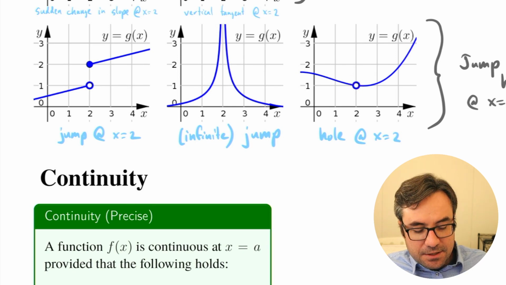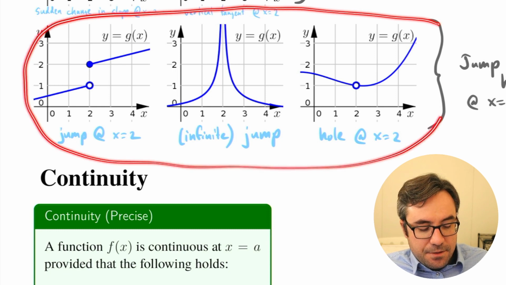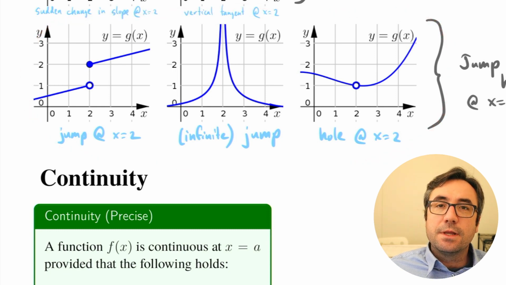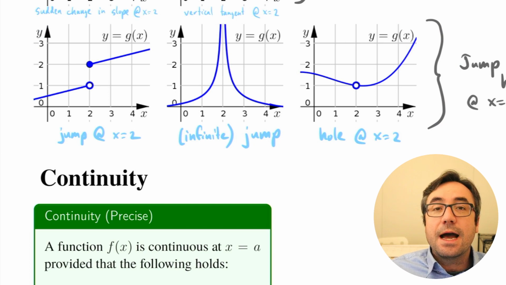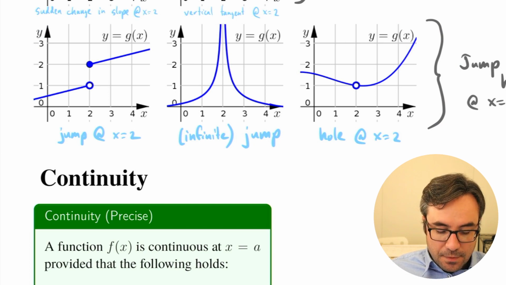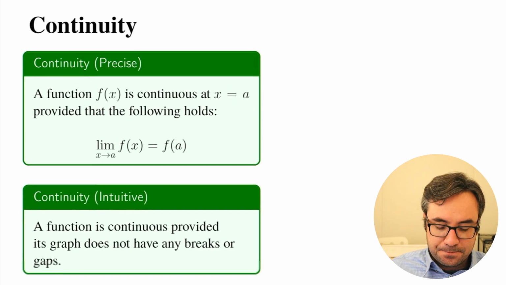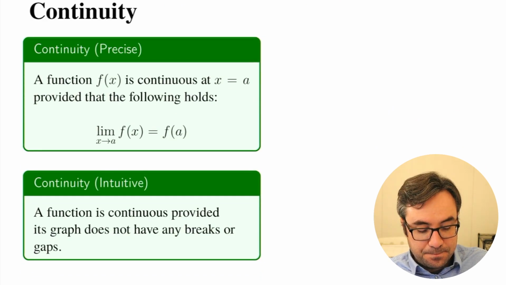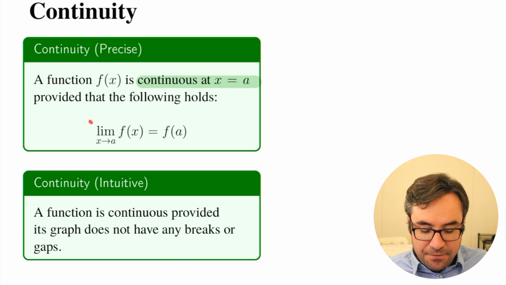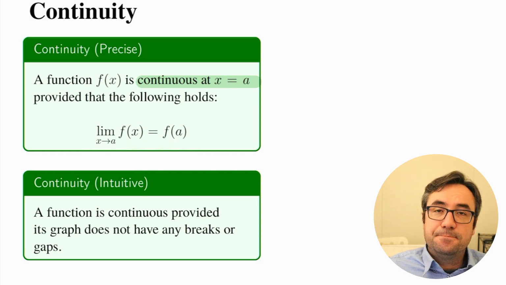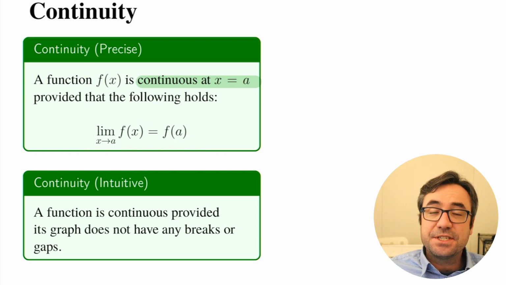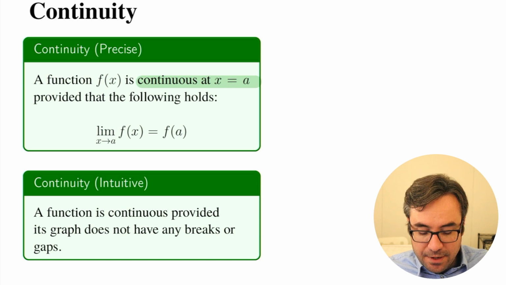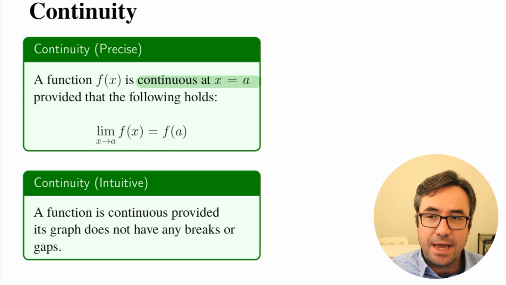And it's these last two that are related to the idea of continuity, and that's going to be our next definition. So a function is continuous at x equals a if this statement holds: the limit of f of x as x approaches a is equal to the function value at a.